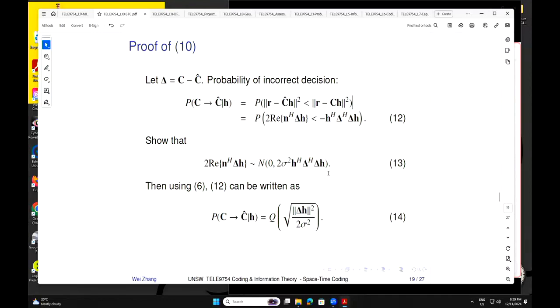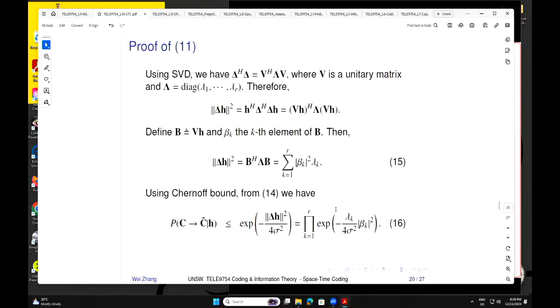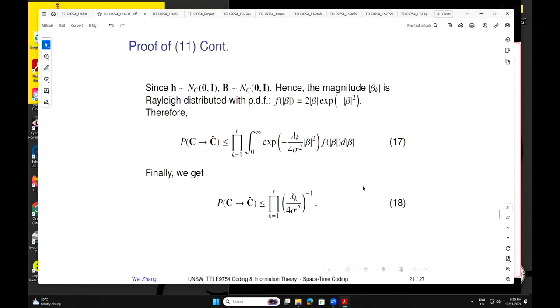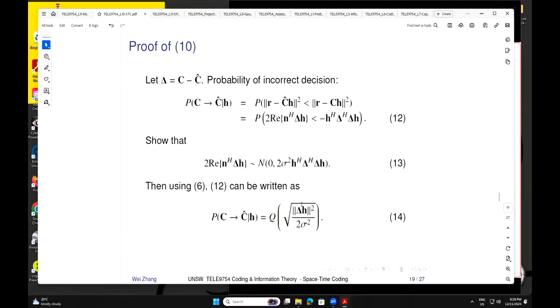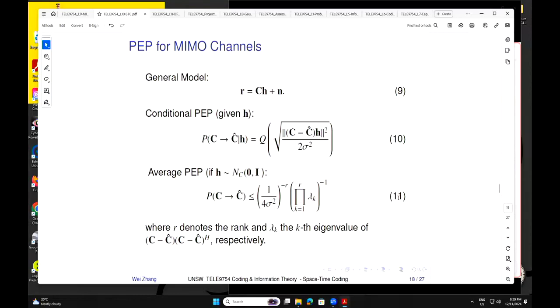Right? Then for all the following, you can just watch the video of today's class. You can follow step by step, and then you can truly understand. The final answer is related to the rank of the channel. This is very similar, the same as equation 11.